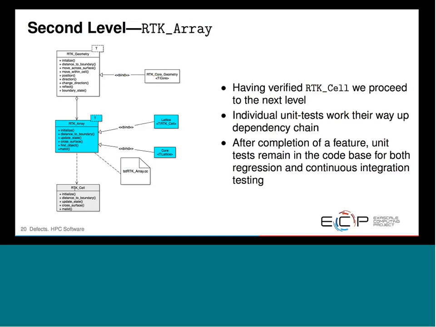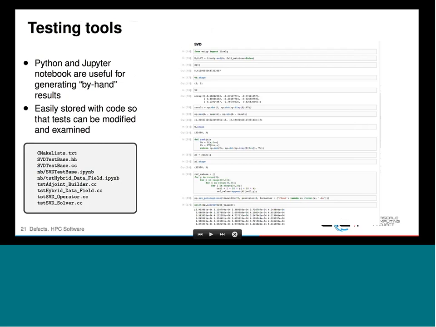And I can then develop up the chain, and I don't have to worry about the lowest level not being correct. So errors that occur as I'm developing arrays have already been worked out after the development of cell. All right, and then as I mentioned earlier, after the completion of a feature, these unit tests remain in the code both for regression and continuous integration testing.